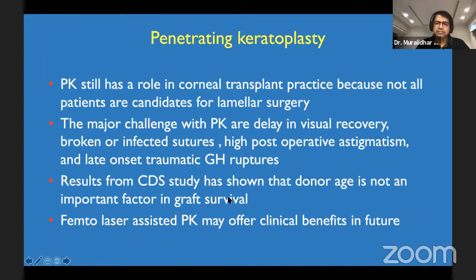So one of the perceived advantages of penetrating keratoplasty is that you can actually use less stringent donor corneal grading compared to lamellar surgery. Even in those cases which are above 75, even having a 2000 endothelial count can be easily used for a penetrating keratoplasty.